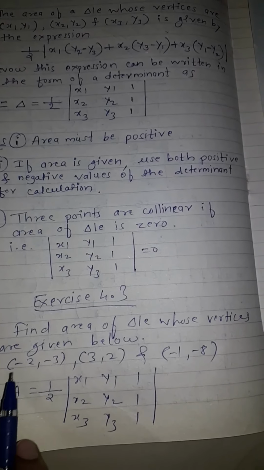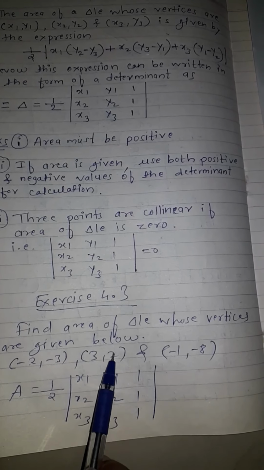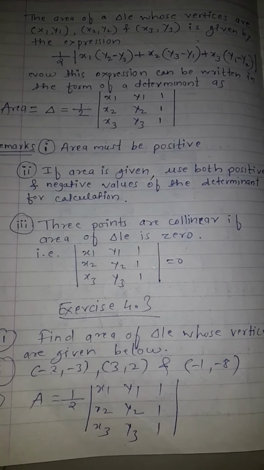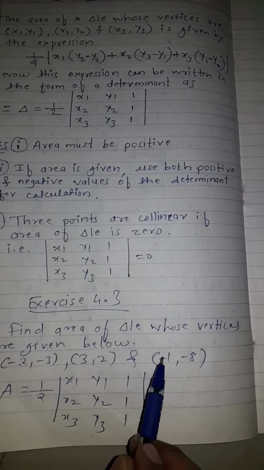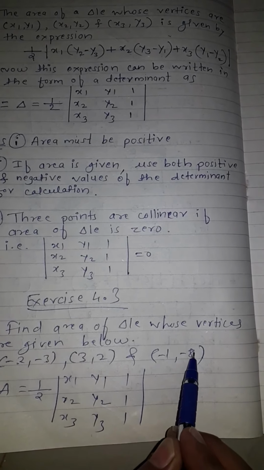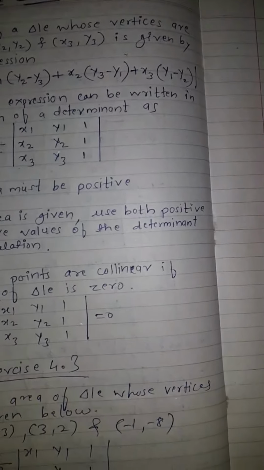The three points are given: this is x1 y1, this is x2 y2, and x3 y3. I'll give you the logic: every first coordinate of the points you take in the first column, and every second coordinate of the points you take as the second column. You can see now.